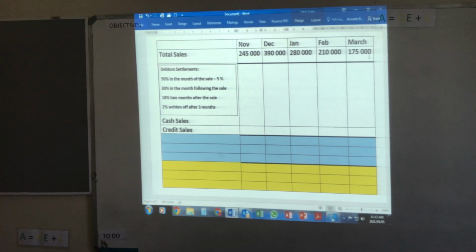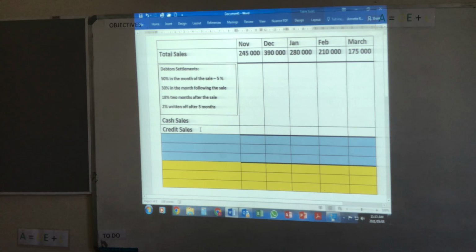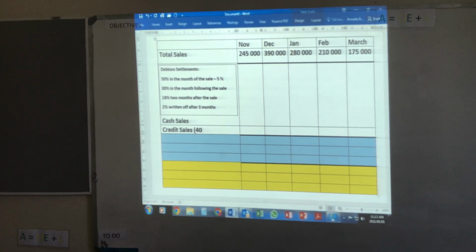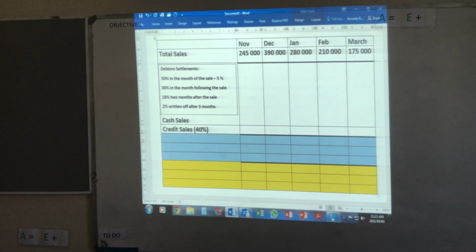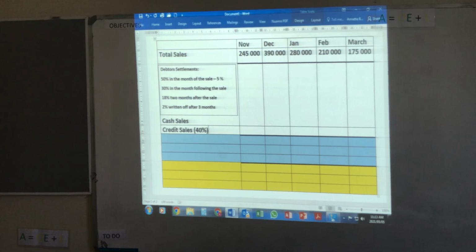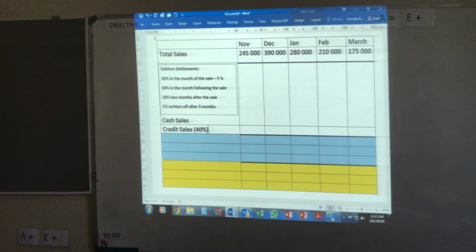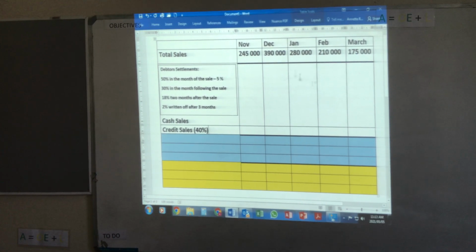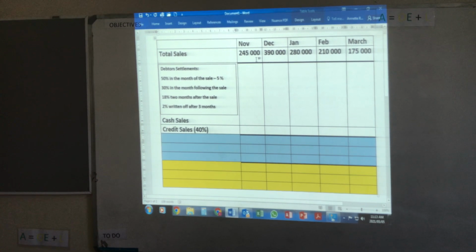So in this activity, which is not written here, they say that the credit sales is 40% of the total sales. So before we can decide what the debtors collection is, we need to look at the total sales and then find the credit sales of the total sales.